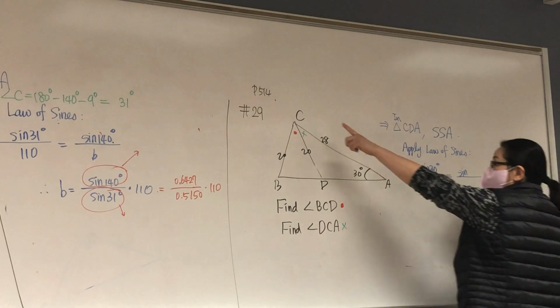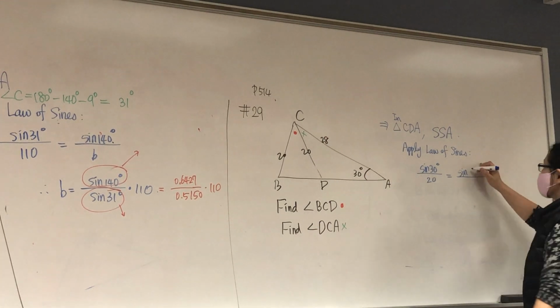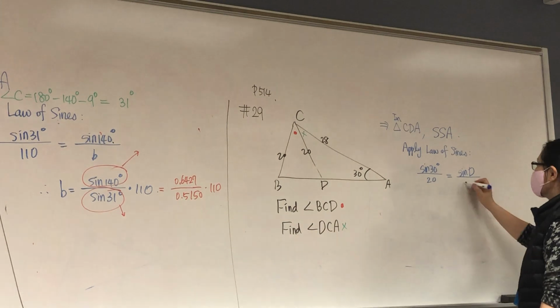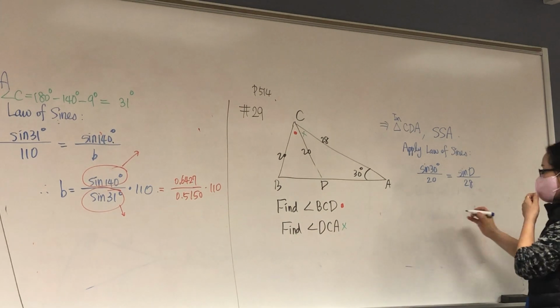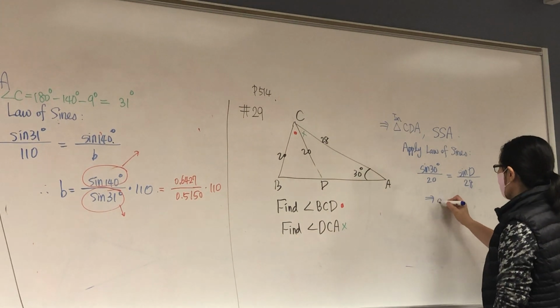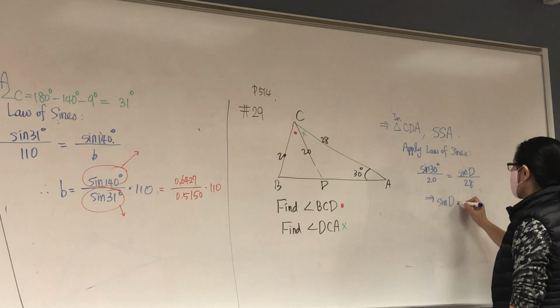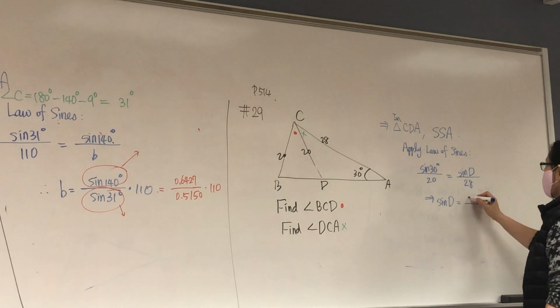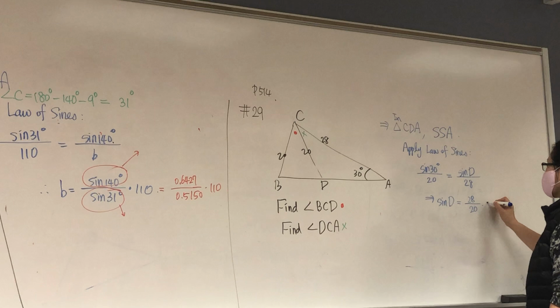Sine D, because we already chose this picture, right? Yes. Sine D over 28. So solve for sine D. Sine D is equal to 28 over 20 times sine 30.